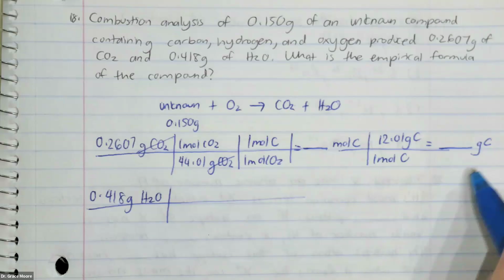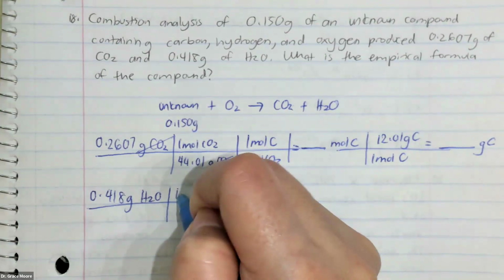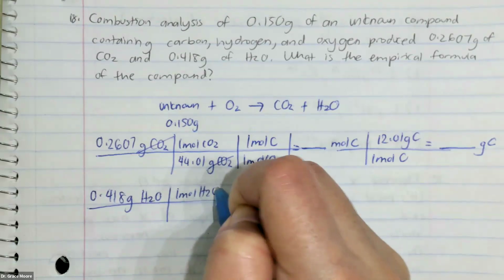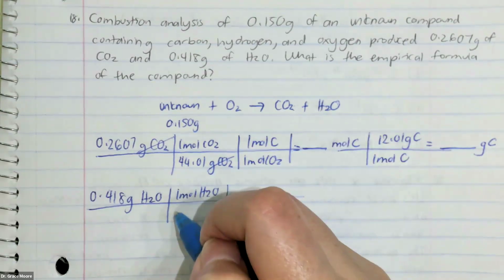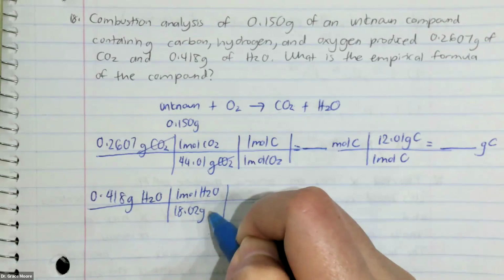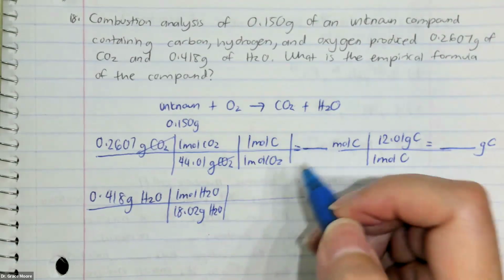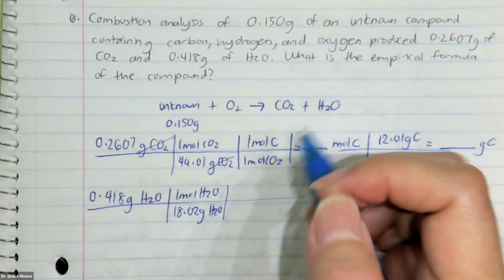So I'm just doing multiple steps. So I'm going to do the same setup for H2O, for hydrogen. 1 mole of H2O is 18.02 grams. Again, I just added up from the molar masses on the periodic table.